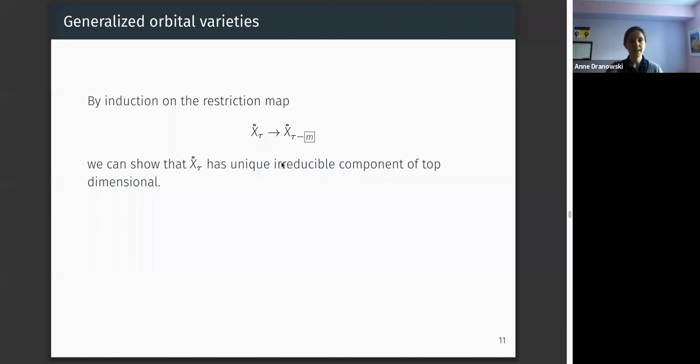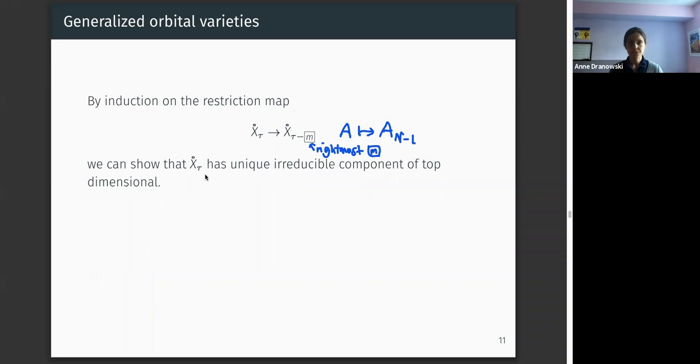For example, by induction on this restriction map that takes an element A of x tau circle to its upper left n-1 by n-1 submatrix, so an element of x tau minus m, where I've thrown away the rightmost box according to my recipe labeled by m.